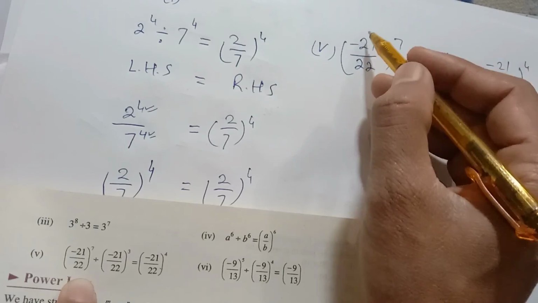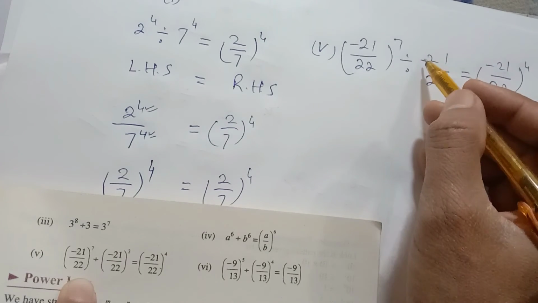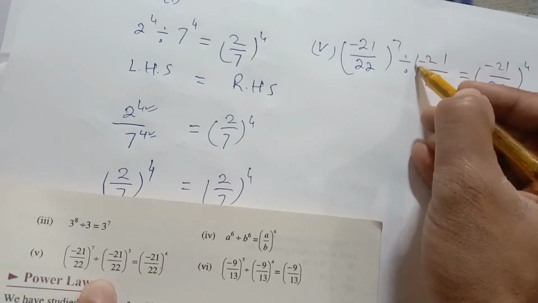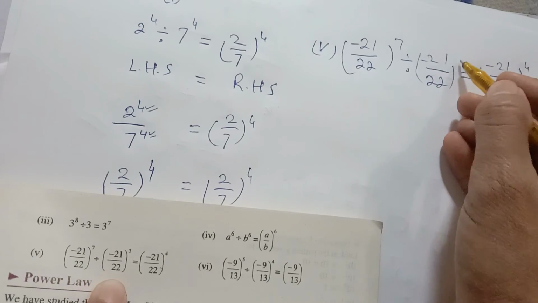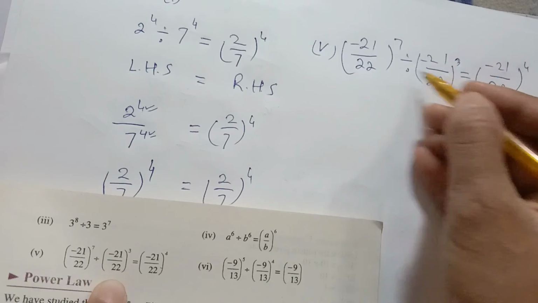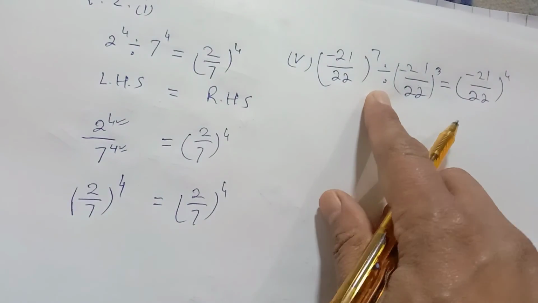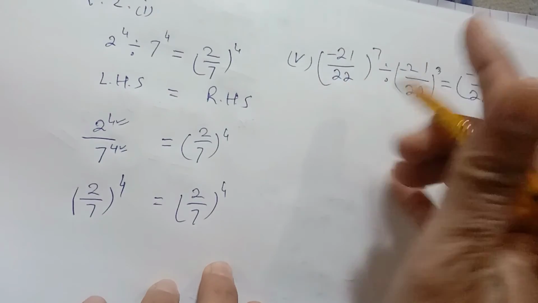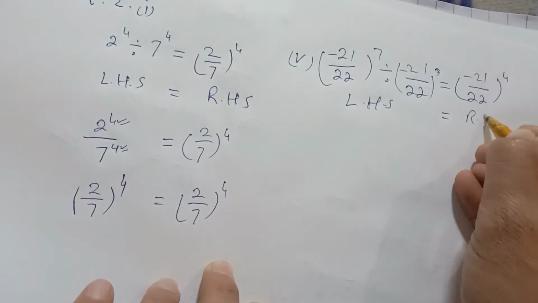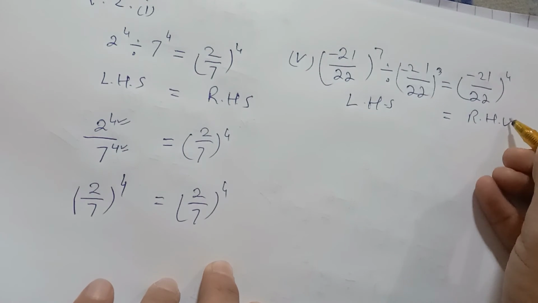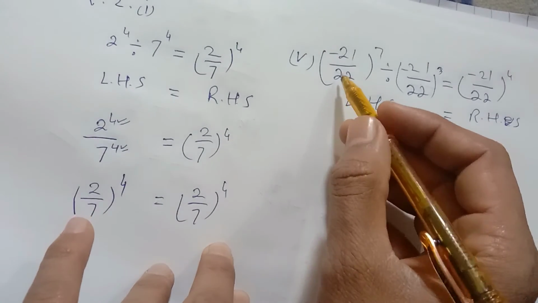The base here is minus 21 over 22, and here is the base also. I want to prove that the left hand side is equal to the right hand side.